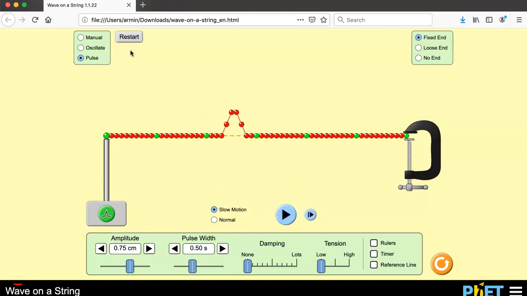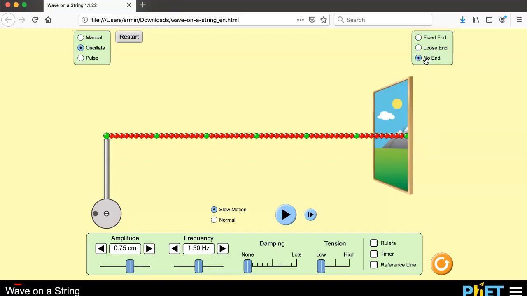Now imagine we do something else. We keep moving this one end up and down. Let me also get rid of this end so it doesn't get reflected and get complicated. So we imagine this is a really long string that just keeps going, okay?